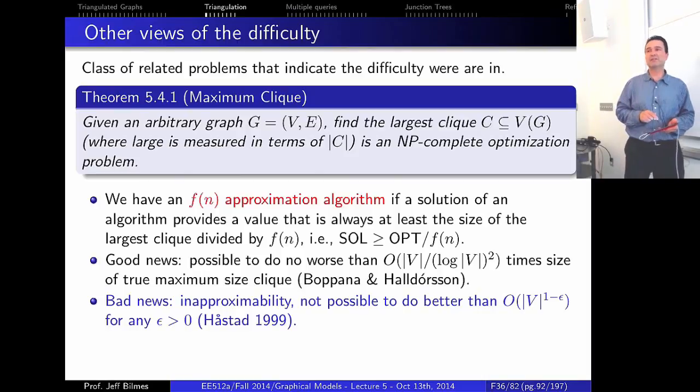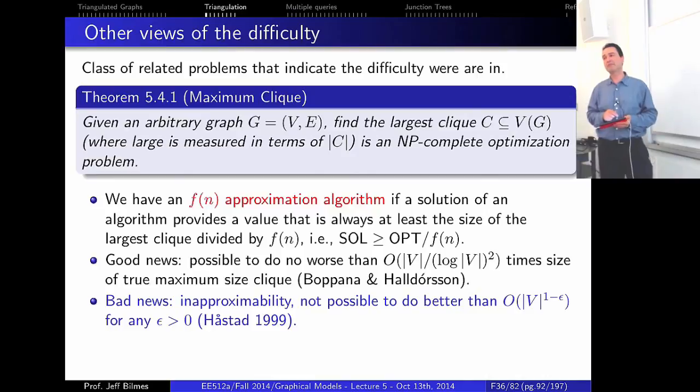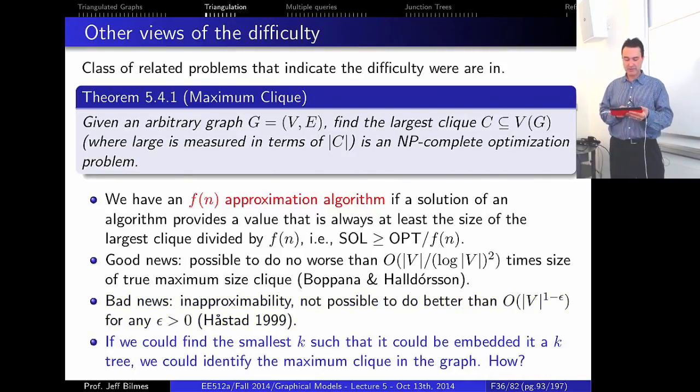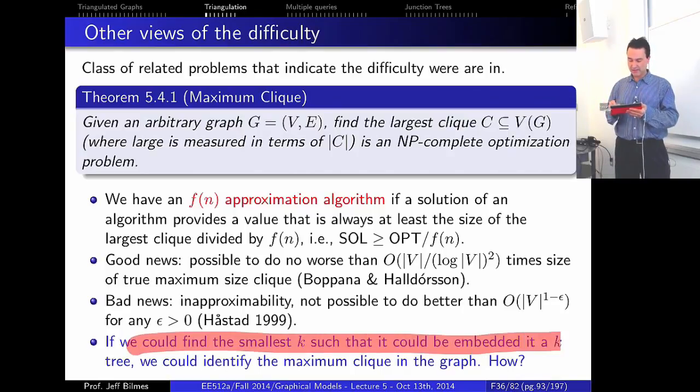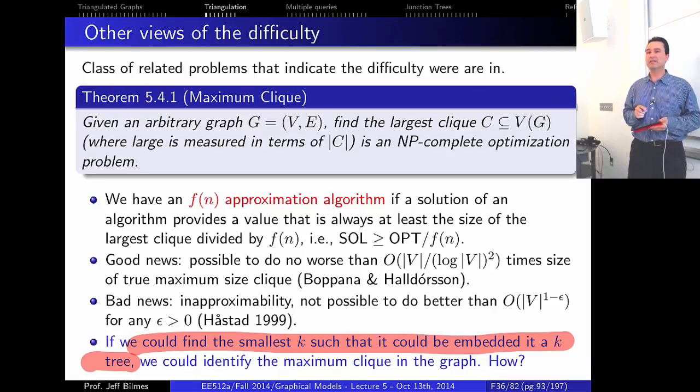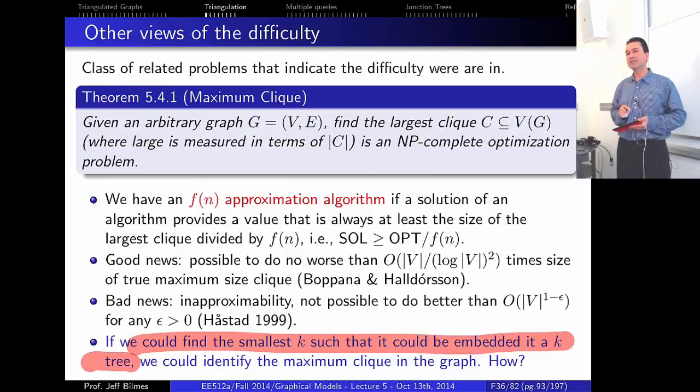Now, you might think that our problem is this notion of embeddability into a k-tree, right? And so the question is, if it was the case that we could find the smallest k such that it could be embedded into a k-tree, how could we identify in polynomial time in n the largest clique in the original graph?